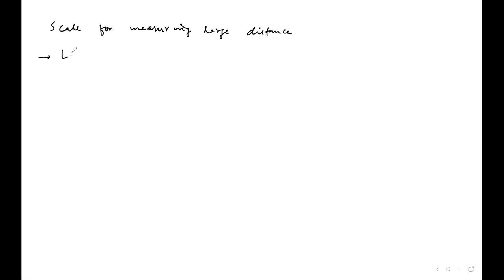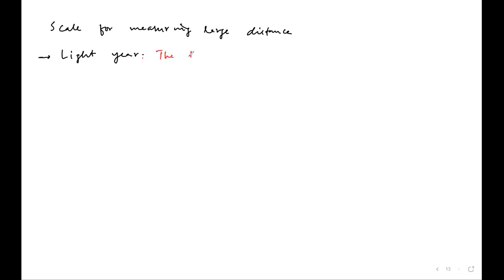First term is light year. Light year is nothing but the total distance traveled by light in 1 year if it is going through vacuum. So light year is nothing but distance traveled by light in 1 year.